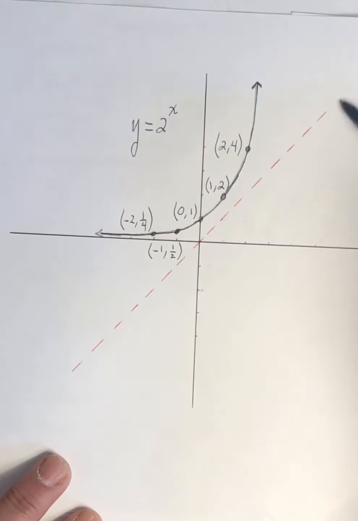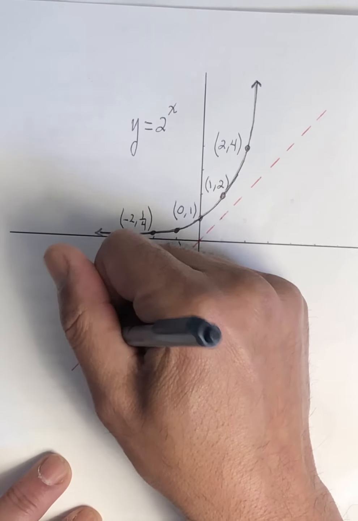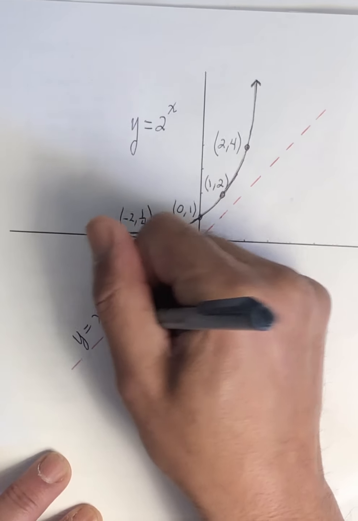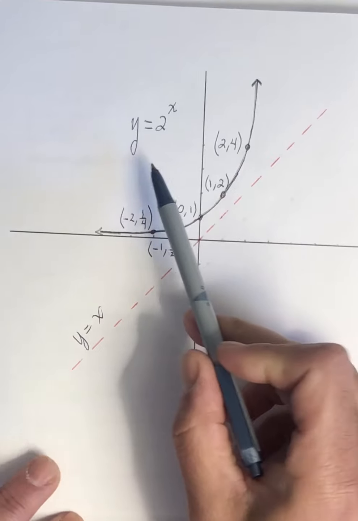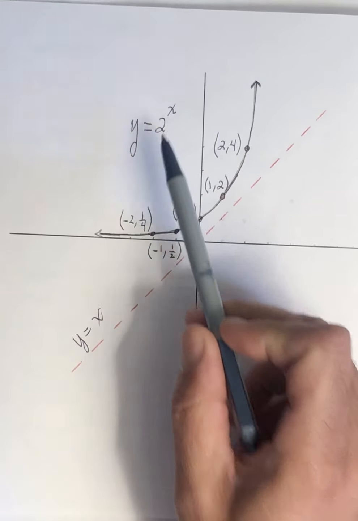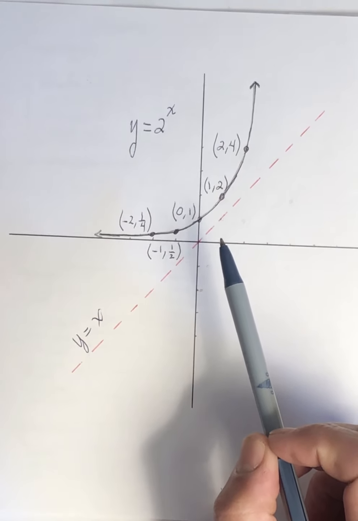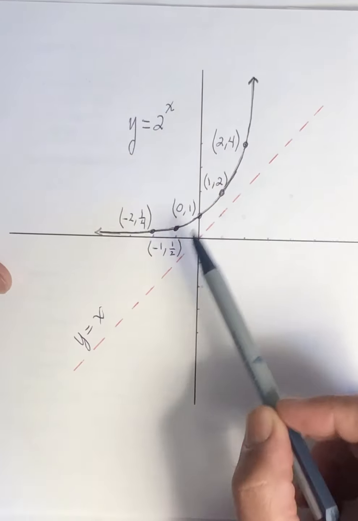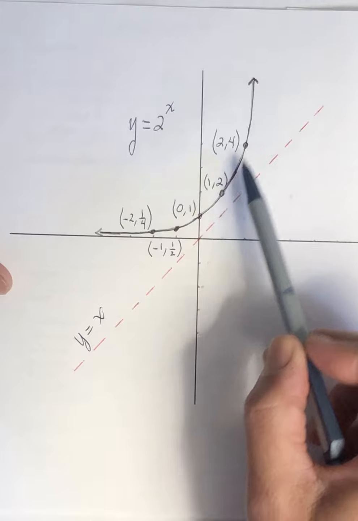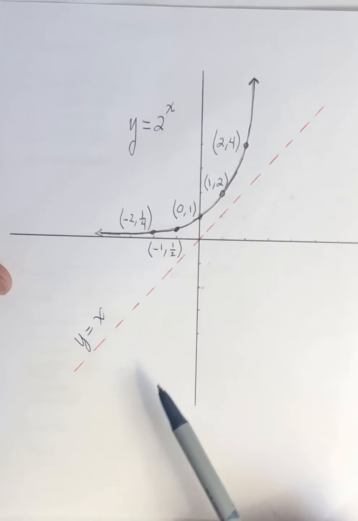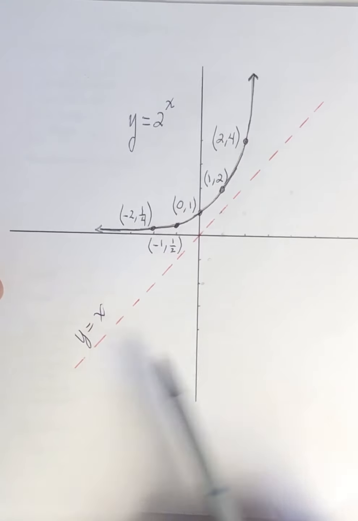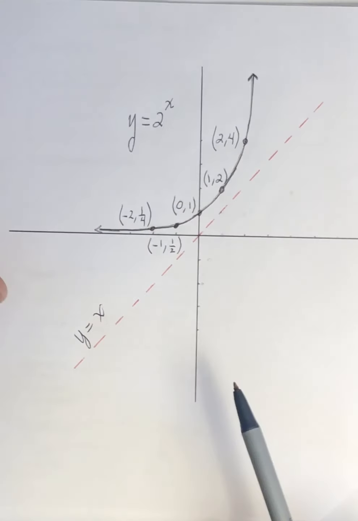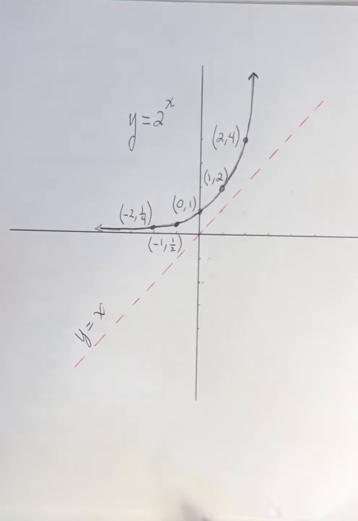So this dashed line is the line y is equal to x, and I've graphed the function y is equal to 2 to the power of x, which you had to do in your exponential worksheet. I've used 5 points, and I connected these points, and we've already talked about the characteristics of an exponential curve, which is what this is called.